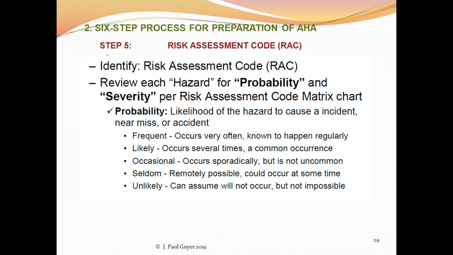Be consistent in using the terminology when you talk about things with others and when you write things. Probability, frequently this could occur. It's likely that this could occur. Occasionally this might occur. This is seldom going to occur, and this is unlikely to occur. So that's probability.